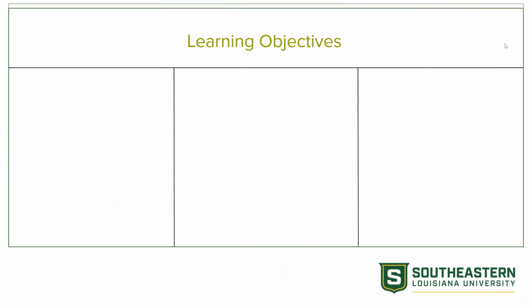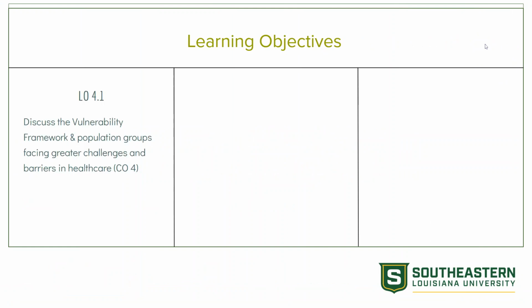To do so, we'll be focusing on a number of learning objectives. The first is to discuss the vulnerability framework and look at a couple of population groups that are classified as vulnerable populations.